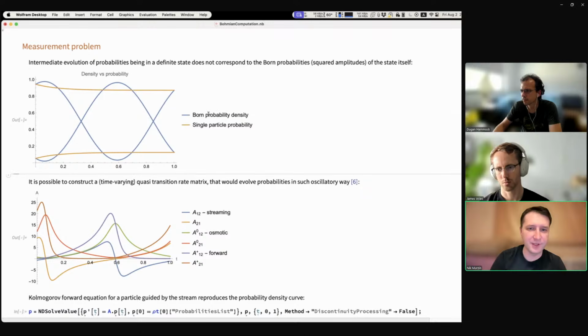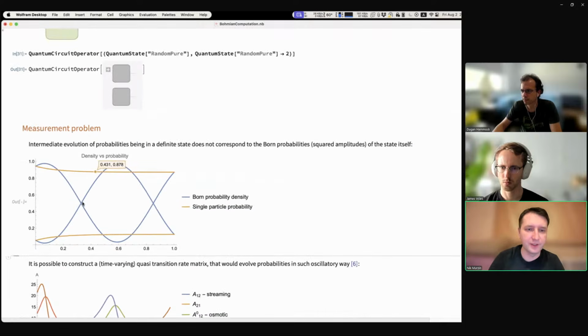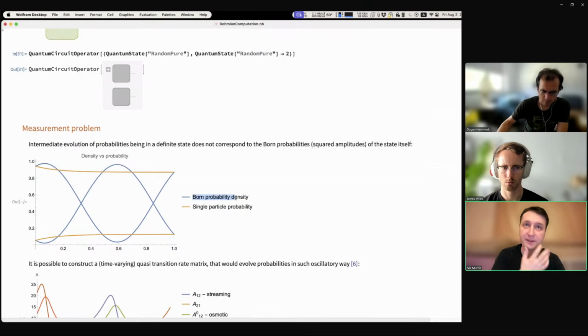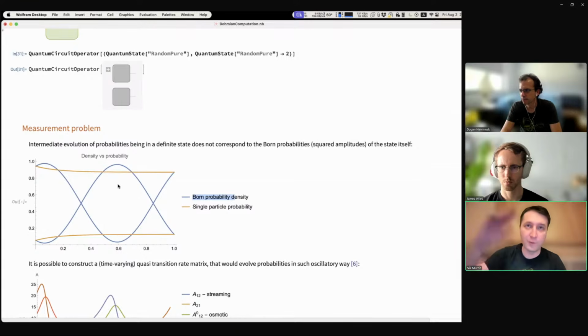But mostly this is about how to differentiate between the probabilities, as I said before, of actual qubit states being in some particular definite state, and the density of the pilot wave, right? Because if you do the same example as we did above, if you plot the density state, which is like the Born probability density, is like when you actually at every moment of time you take the pilot wave, the state, the wave function, and square its amplitudes, you get this kind of wavy behavior.